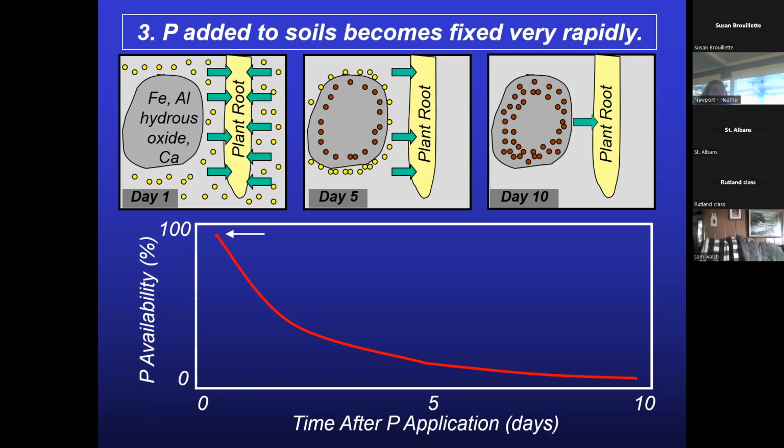Sometimes, believe it or not, those binding sites can become full, which we actually didn't think could happen 30 years ago. We had no idea that the soil could sort of max out in its ability to hold phosphorus. And when that happens, you can actually have leaching of phosphorus potentially into the groundwater. And that really is something we did not realize before.